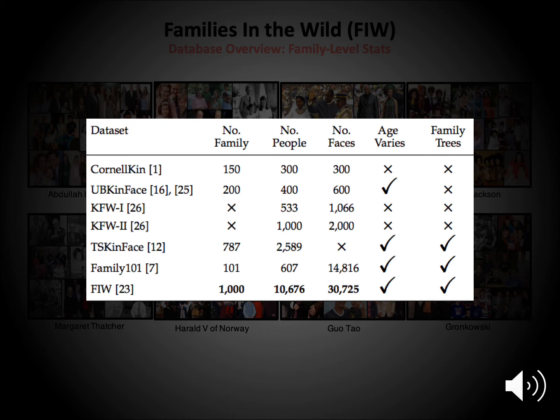So you can see the number of families is 1/3 of the number of people, and the number of people is the same as the number of images. So here we have 1,000 families. We have over 10,000 people and over 30,000 faces, with age varying and with family trees.